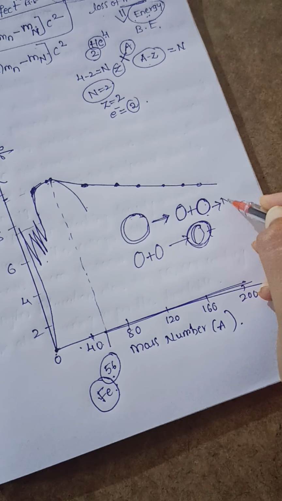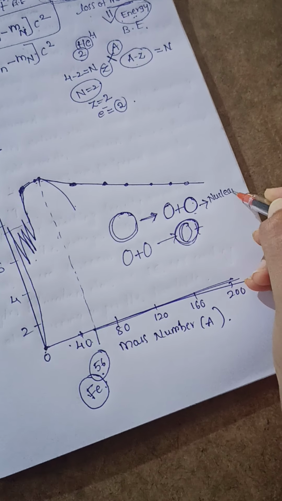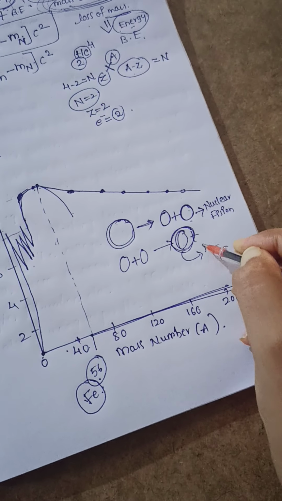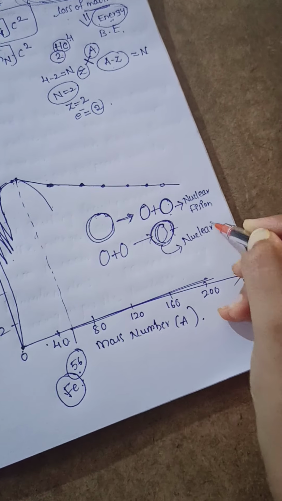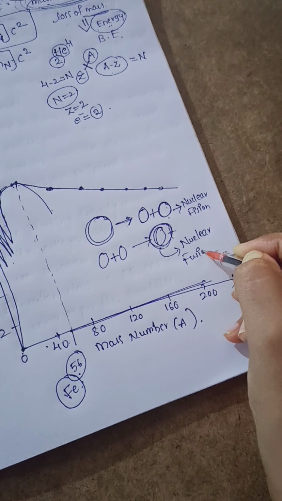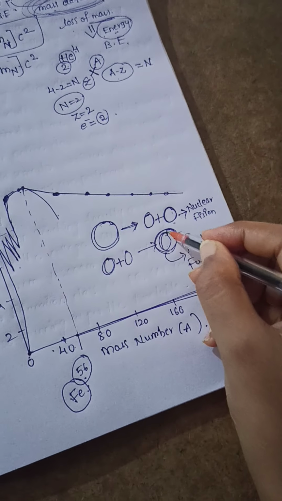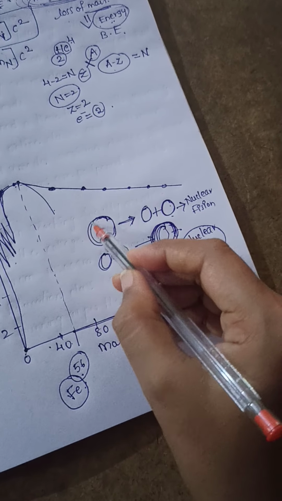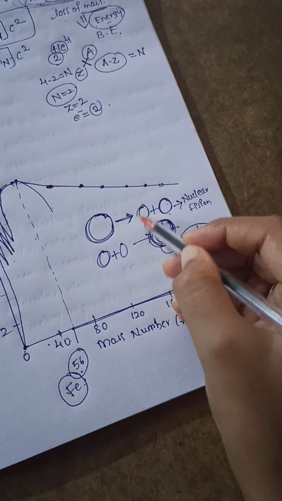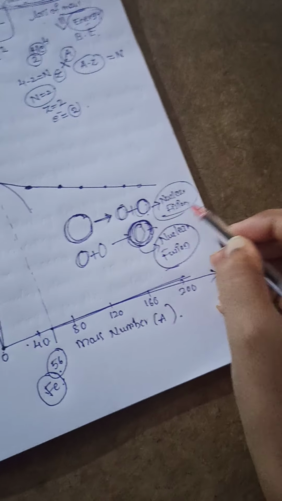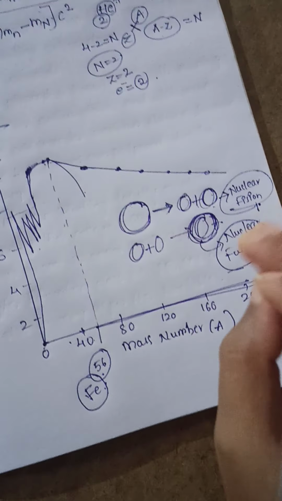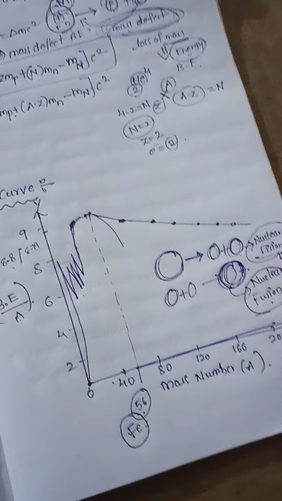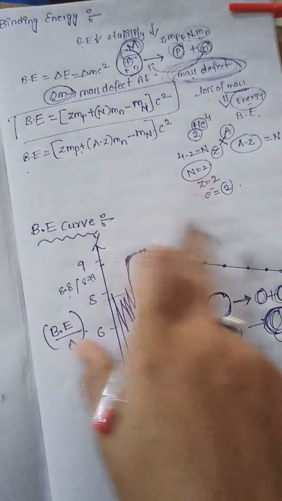The splitting of a heavy nucleus into smaller nuclei is called nuclear fission. The combination of two smaller nuclei into a heavier nucleus is called nuclear fusion. This is called the binding energy curve.